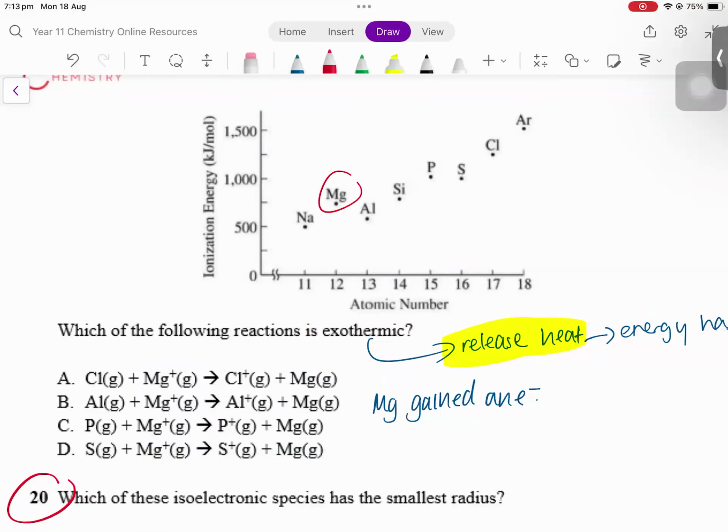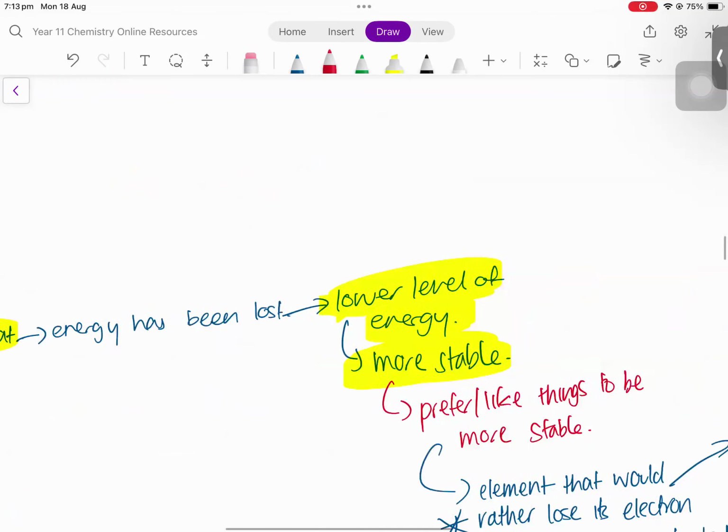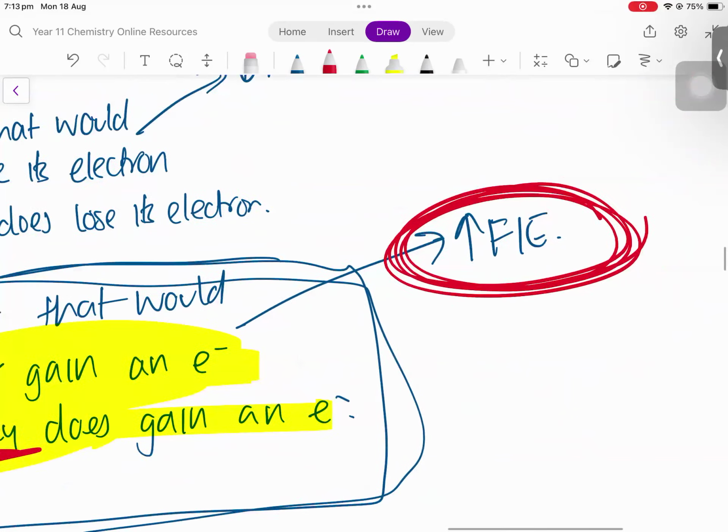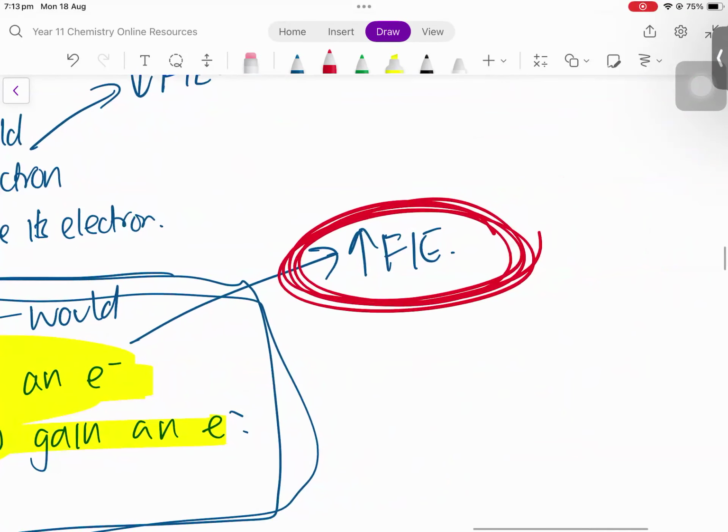This is magnesium. Option A has chlorine, option B has aluminium, option C has phosphorus, and option D has sulfur. We said for magnesium to be doing what it wants to do, which is gaining an electron, it needs to be the one with a higher FIE, which means the other one has the lower FIE.